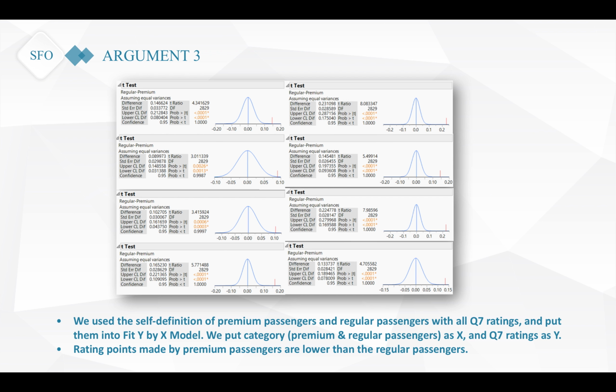Therefore, we would like to focus on premium passengers. We use our own definition and filter to define the premium passengers. And we apply tabulate to calculate the mean of all the question 7 series questions answered by premium customers, and found the 3 sections that gain the least points, which are store, food, and art.